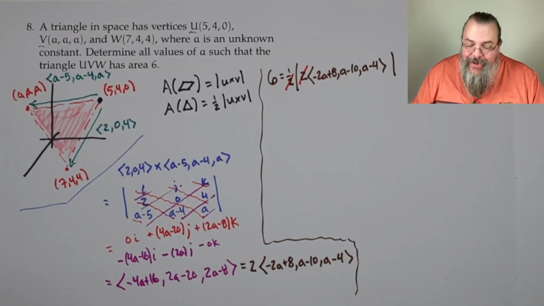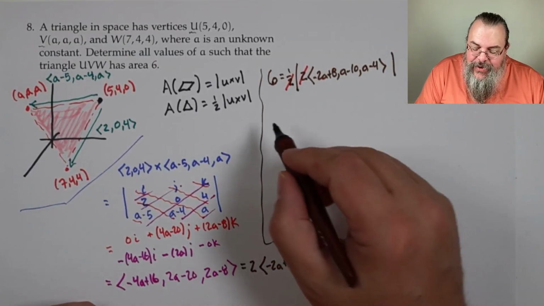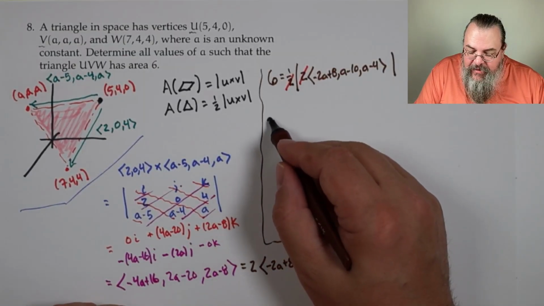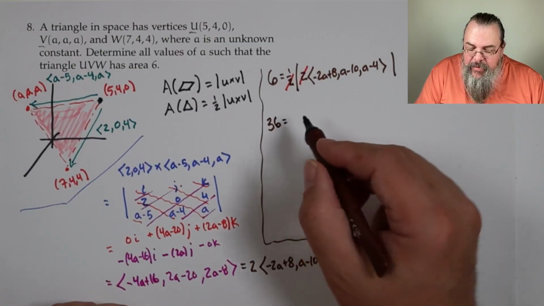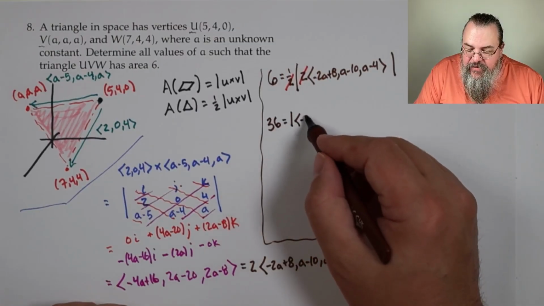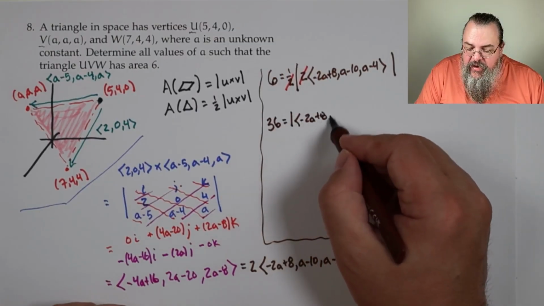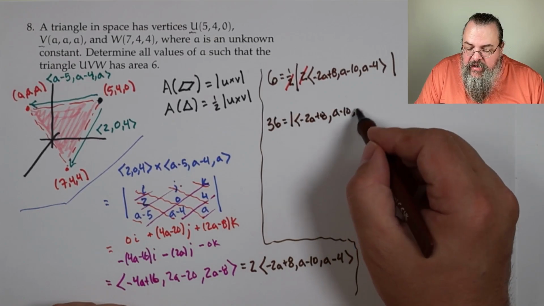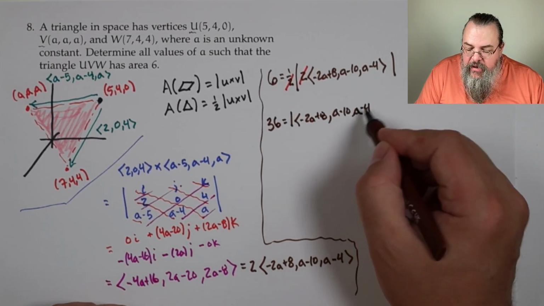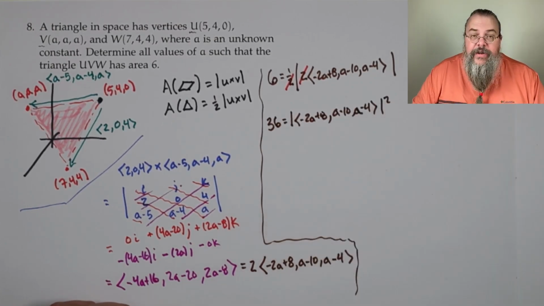We can square both sides. If we square both sides, we get that 36 is the magnitude of ⟨minus 2A plus 8, A minus 10, A minus 4⟩ squared.